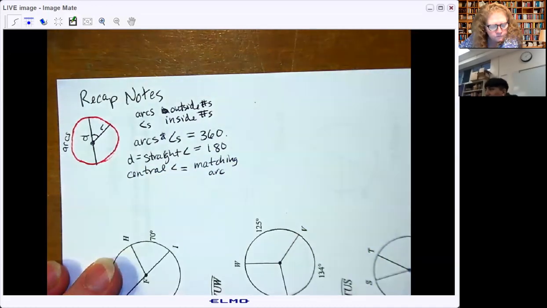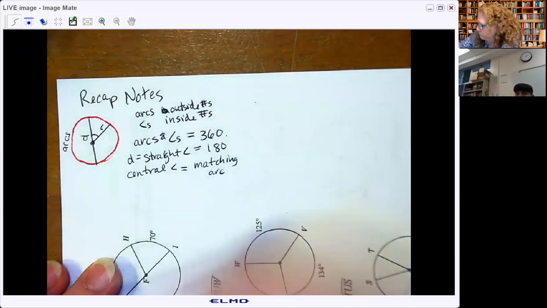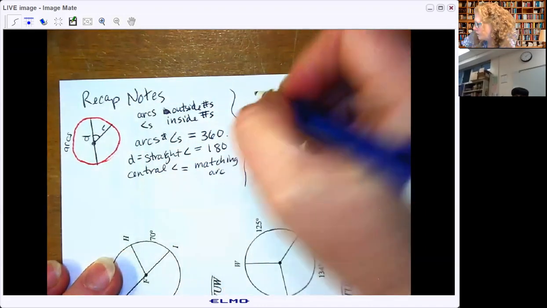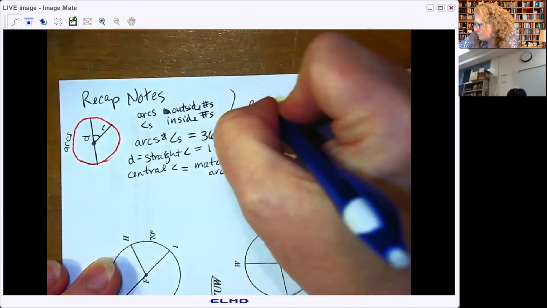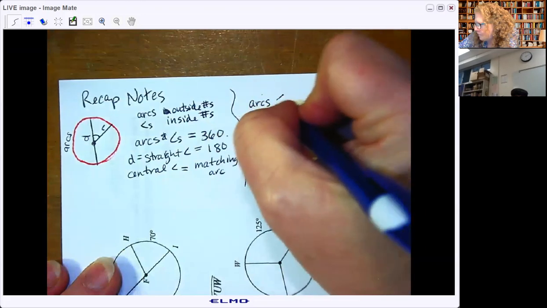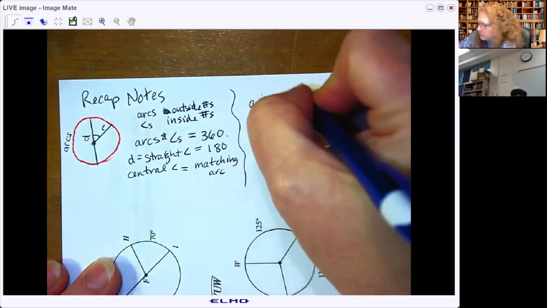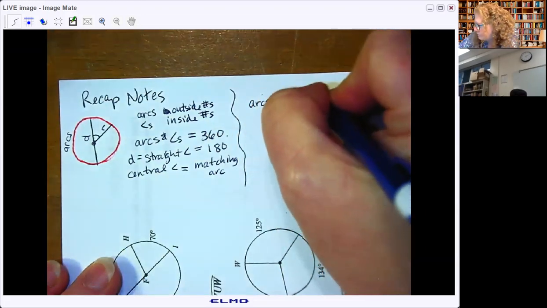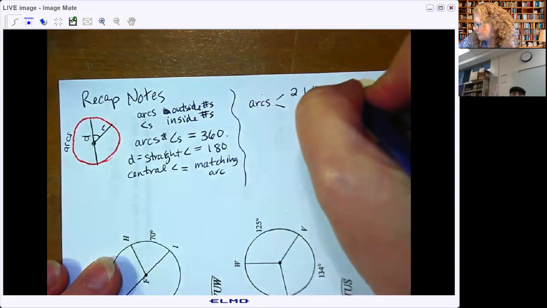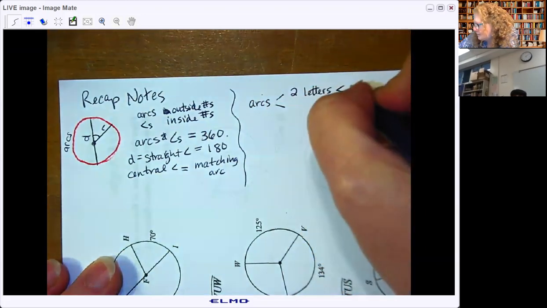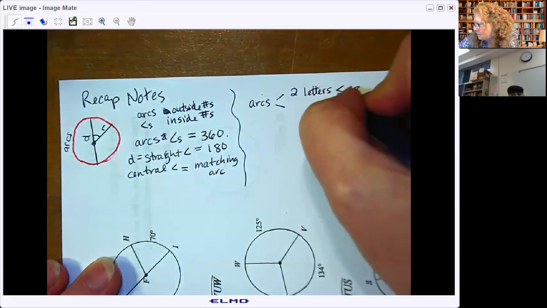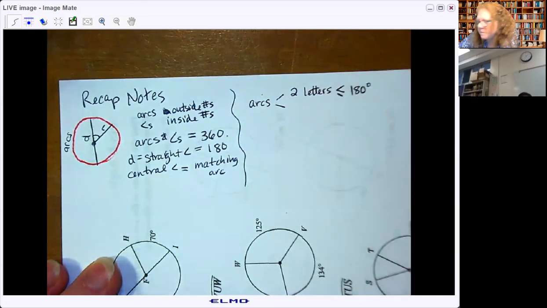Okay, also, for your arcs, if you have 2 letters, it's going to be less than or equal to 180 degrees.